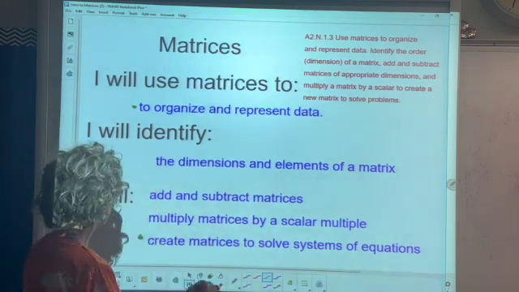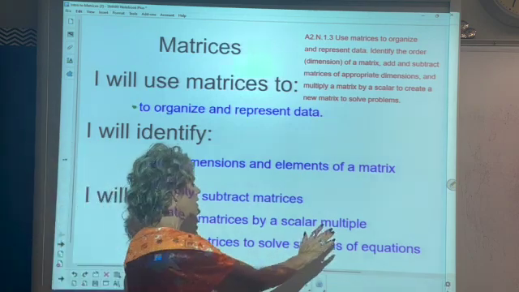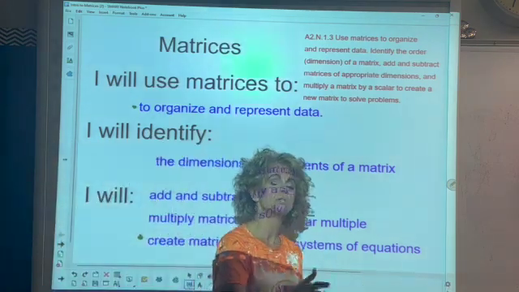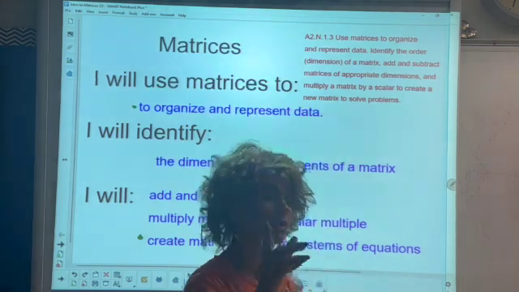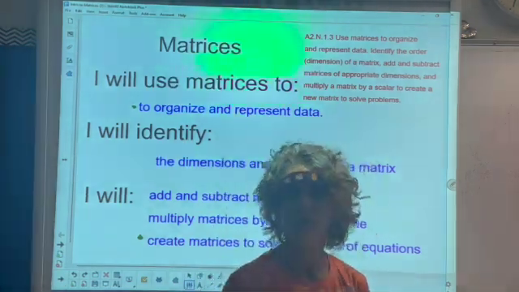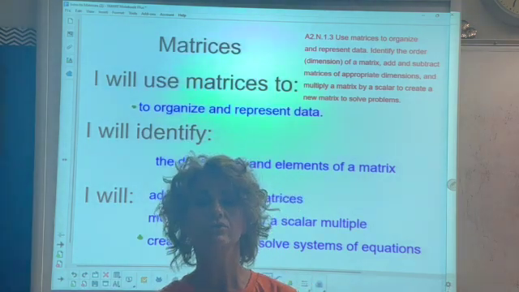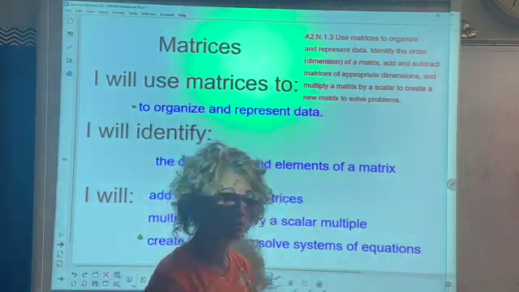And again, I want to reiterate, to create matrices and to solve systems of equations, well, you don't have to. Let me just back up the truck. You do not have to have a graphing calculator. You do not have to have a calculator that does matrices, but your life will be so much easier.